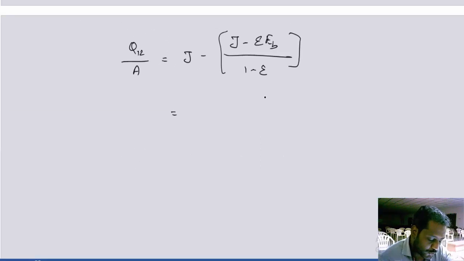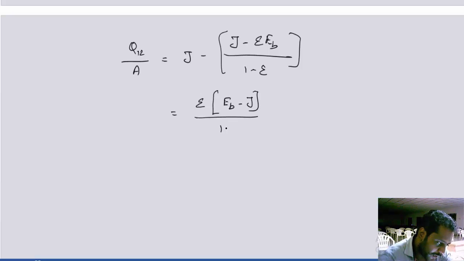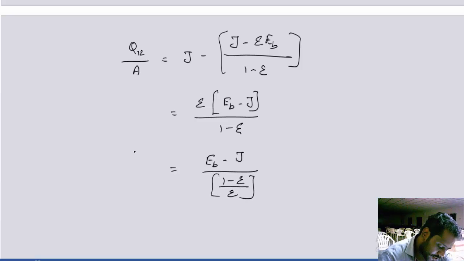Simplifying, you get epsilon into (EB minus J) divided by (1 minus epsilon), which can be rewritten as (EB minus J) divided by ((1 minus epsilon) divided by epsilon). This is Q12 divided by A.